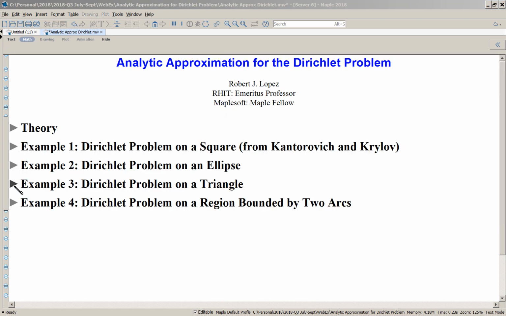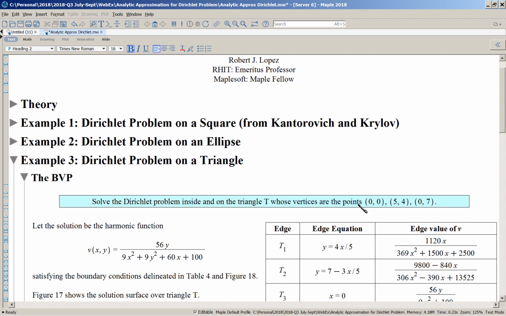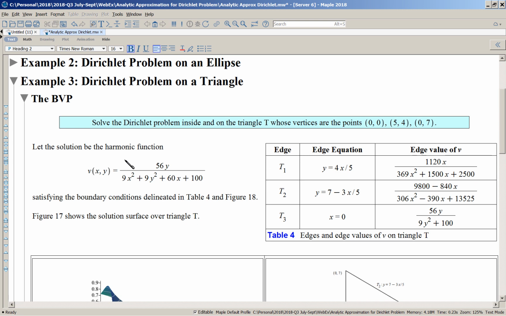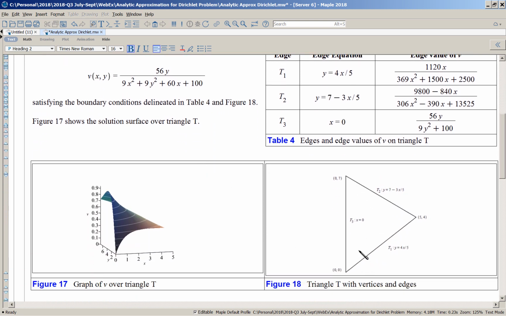Well, how about on a triangle? What would it be like to do this over a triangle? Okay, same exact solution, and then just evaluate it on the 3 edges of a triangle. What is my triangle? Well, I took this as the triangle. I thought making one of the edges coincide with a coordinate axis would make things a little simpler.